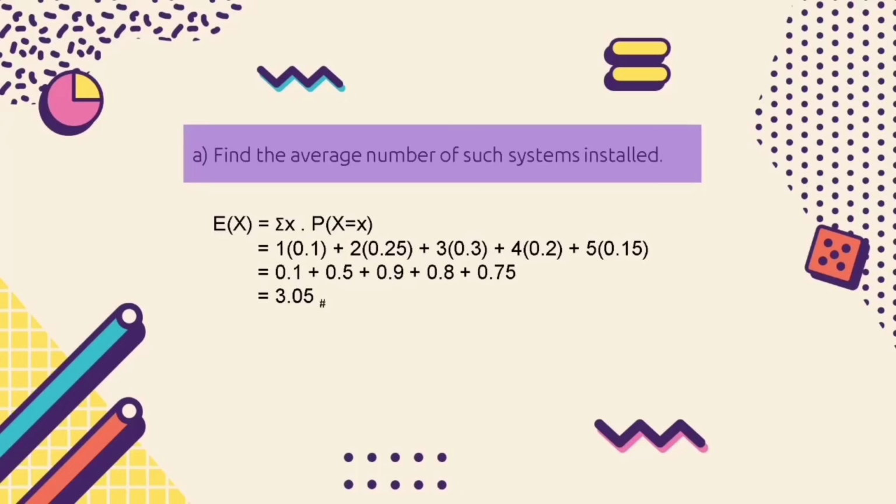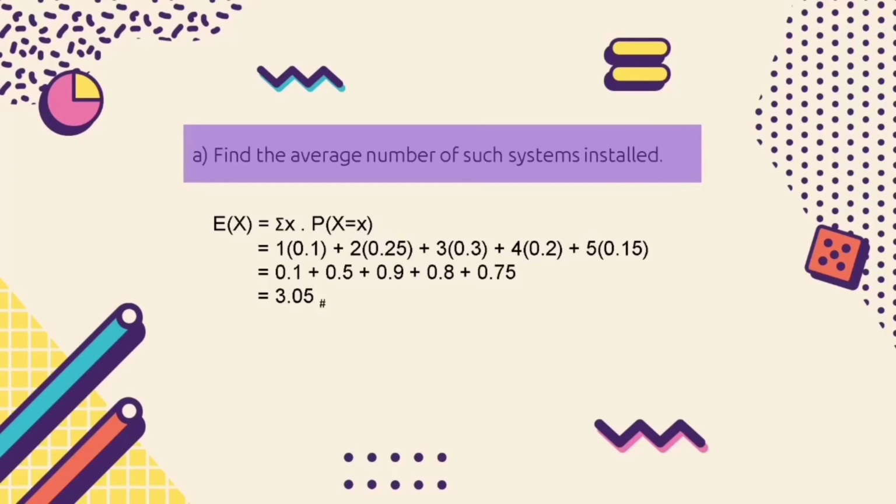So for question 4a, find the average number of such systems installed. This question implies us to look for the mean, that we call expectation or E(X). This is actually a discrete function, so E(X) is equal to the summation of x times probability.